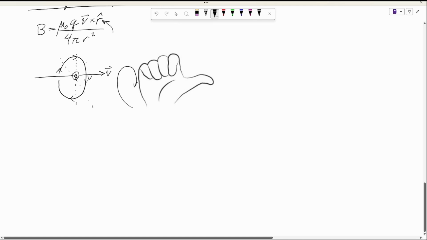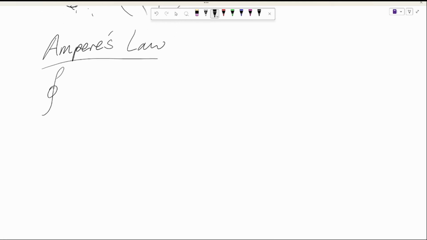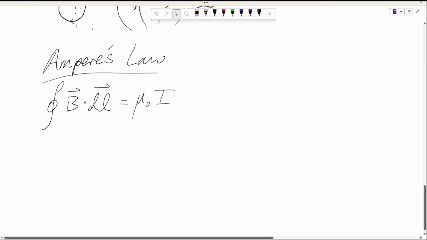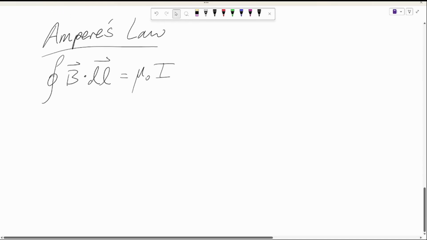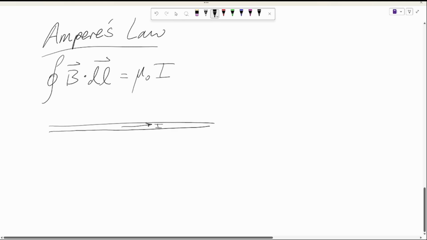Alright. Now, let's introduce a little thing called Ampere's law. Ampere's law says that if we integrate B dot dl around a closed surface, it is going to be equal to mu naught times I, where I is the current enclosed. To give you a picture of what this means, if we have a wire carrying some current I, then we draw an imaginary random surface around it.